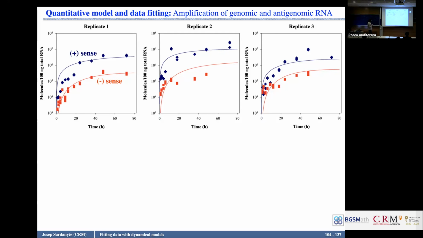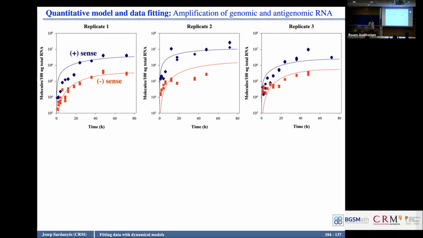Here I have to mention several things. You will see, for example, that here the fitting is very good, and here the fitting is good, but here it's not very good. Here more or less it's good. Here it's good, at the beginning. And here we also have some discrepancies. This is in log scale, so the differences are quite large.